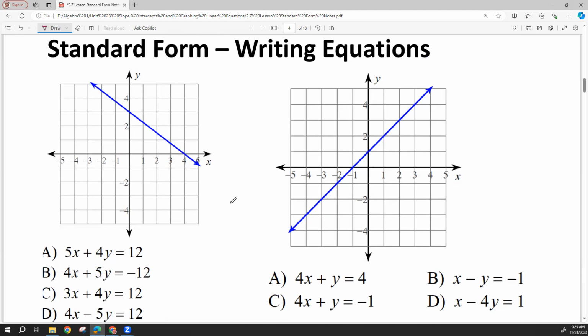Now we can use those intercepts to find out which line or which equation matches with our line. So a couple ways we can do this is find our intercepts, which we already did. There's our x-intercept of 4, 0. Here's our y-intercept of 0, 3.